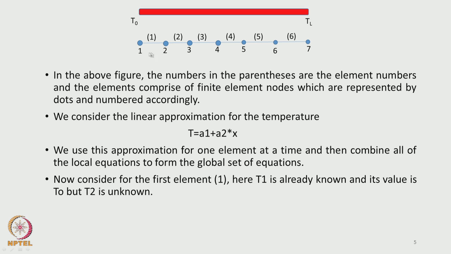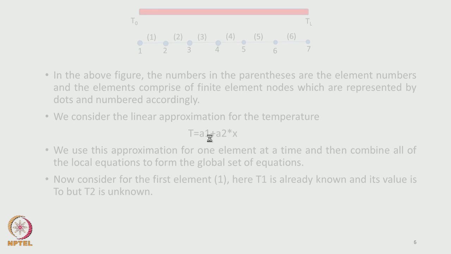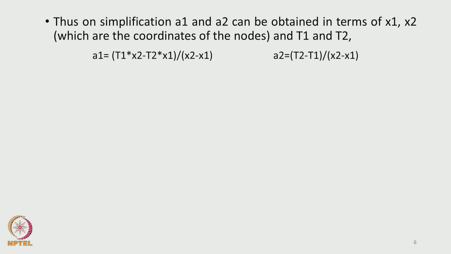From this condition, you can substitute in this linear approximation and evaluate coefficients A1 and A2. Let us see how to do it. We will get A1 as T1 into x2 minus T2 into x1 by x2 minus x1, and A2 as T2 minus T1 by x2 minus x1.